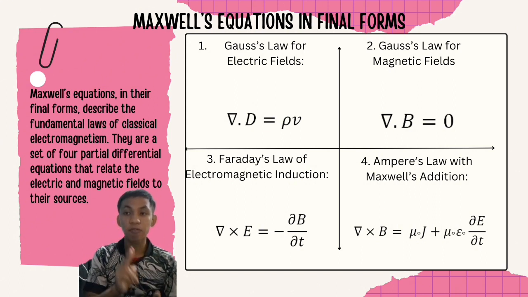Second is Gauss' law for magnetic field: divergence of B is equal to 0. Third is Faraday's law of electromagnetic induction: curl of E is equal to negative dB over dt. And lastly is Ampere's law with Maxwell's addition: curl of B is equal to mu J plus mu epsilon dE over dt.